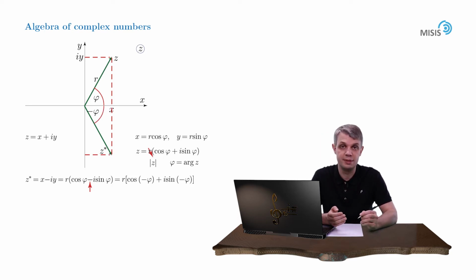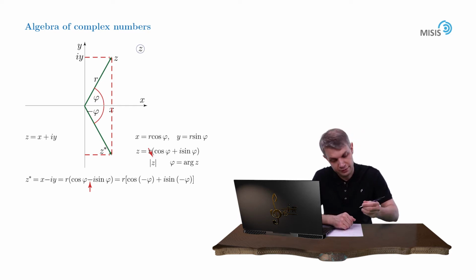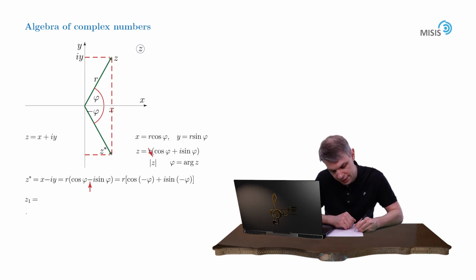Now let's see how multiplication and division of complex numbers is expressed via their trigonometric representation. Suppose we have two complex numbers, z1 and z2, expressed in their trigonometric form. Now let's multiply them.